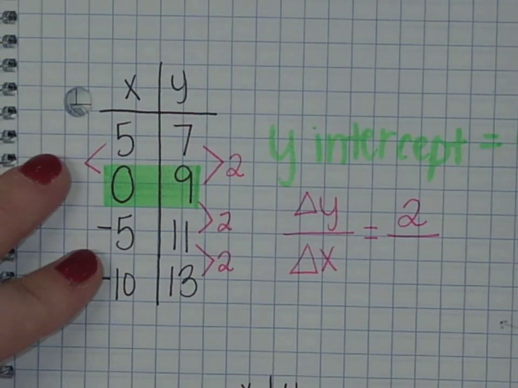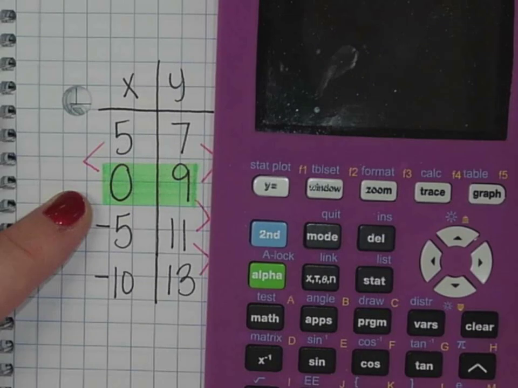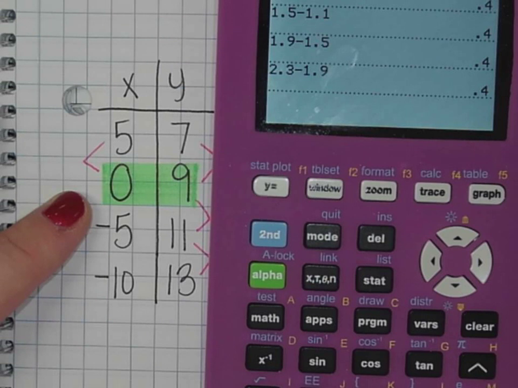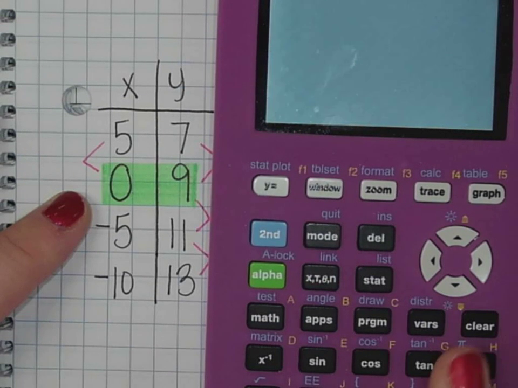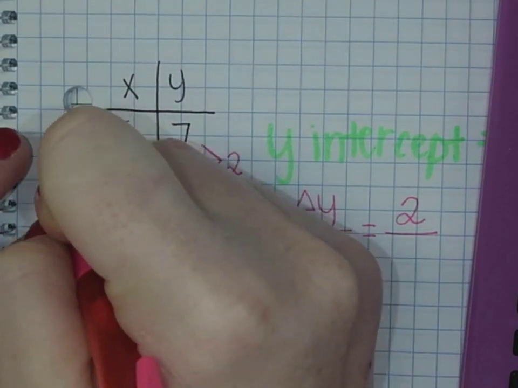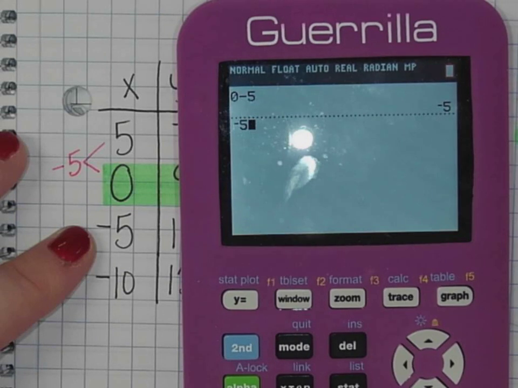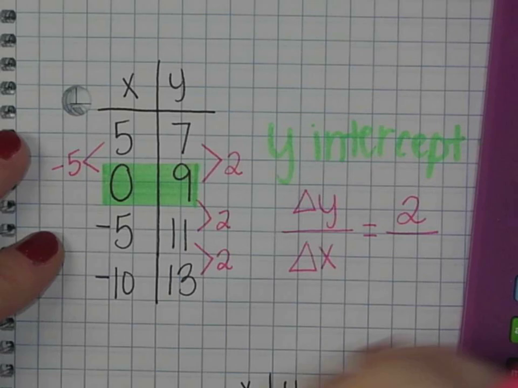Remember the way to do this is take the end, subtract the first. I know my batteries are almost dead. 0 minus 5 is negative 5. Negative 5 minus 0 would be negative 5.